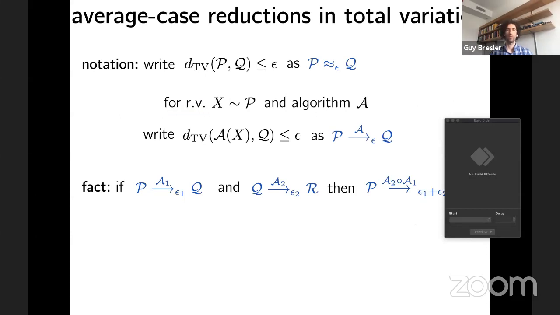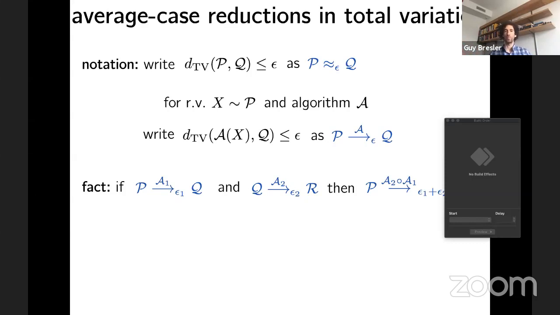So just a little bit of notation. Instead of saying the total variation between a distribution P and a distribution Q is less than epsilon, we'll just write P is approximately sub epsilon Q. And some even more important notation, mostly for the next couple of slides, which won't make sense without it: if X is distributed like P, and you have a randomized algorithm A that takes X and arrives at something that's close in distribution to Q, within epsilon in total variation, we'll use the notation P is mapped to Q under A, with A sitting on top of the arrow, within error epsilon.